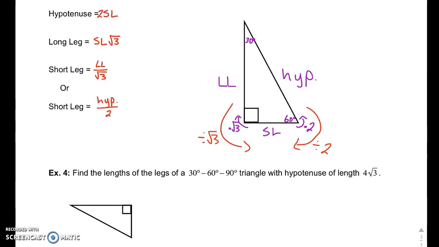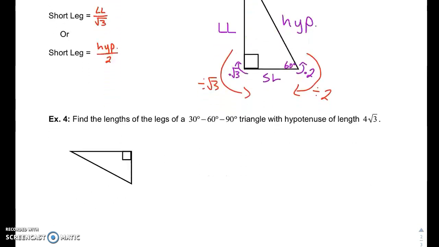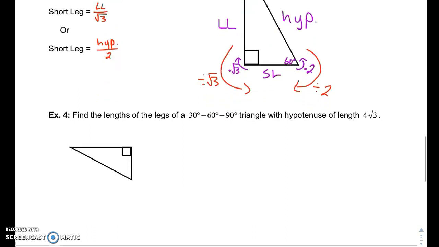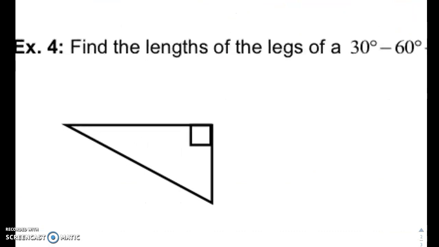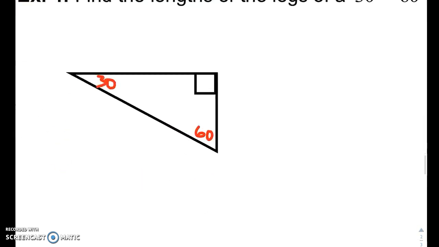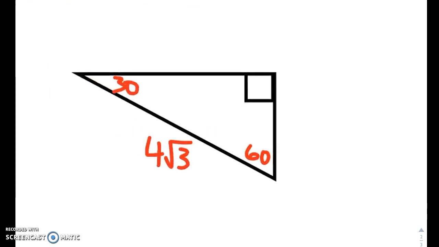Let's practice it. So find the lengths of the 30, 60, 90 triangle with hypotenuse 4 radical 3. So I'm going to give you that this is 30, this is 60, and the hypotenuse is 4 radical 3. So we need to label. Short leg is opposite of the 30.